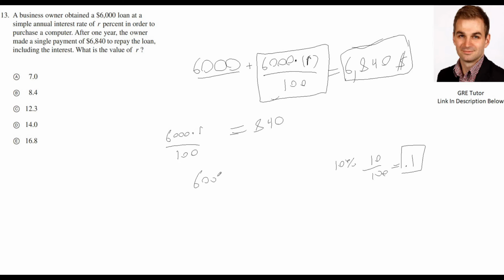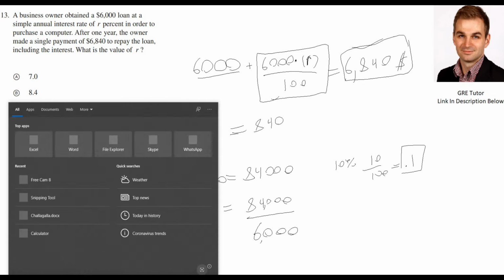Then you multiply 100 over there, so you get 84,000, and then you multiply by R on this side. So R is equal to 84,000 divided by 6,000.